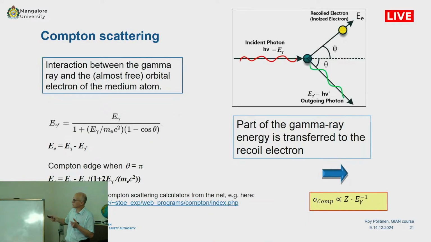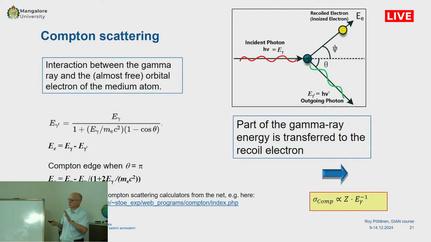Let's look at Compton scattering. I'm sure that you have looked through all these equations in your studies. Professor Compton investigated these things 100 years ago or something like that. If I remember it correctly, he got the Nobel Prize for these equations.